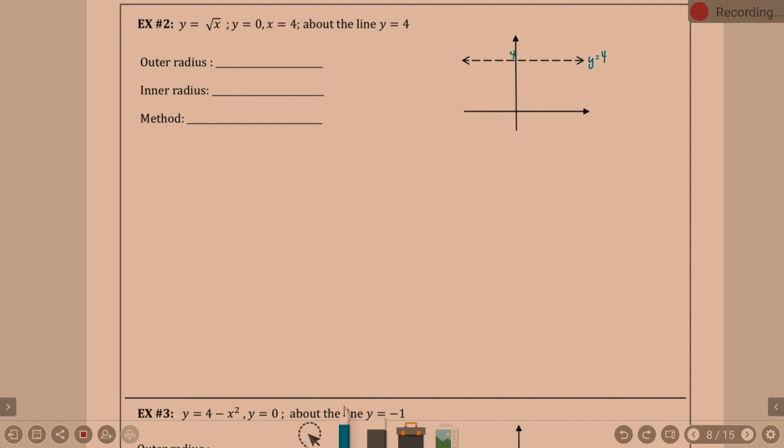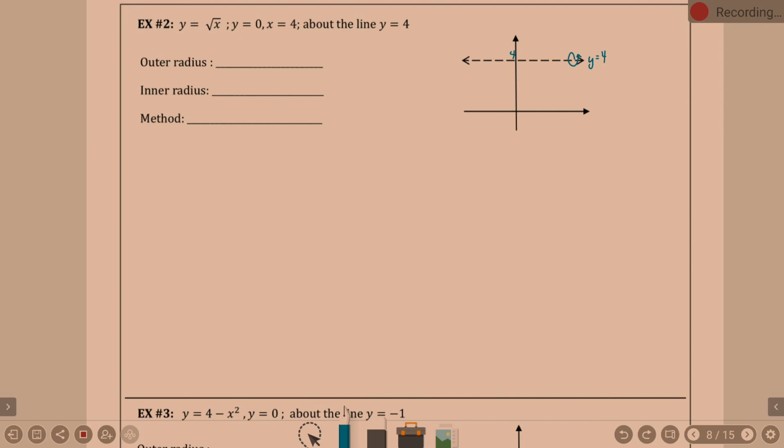Okay, so we're rotating about the line y equals 4. The graph is y equals square root of x. What's y equals square root of x? Okay, half a sideways parabola, yes? Now, is it going to cross through this line it's rotating about? No. No, because it wouldn't cross through until like 16, because at 16 it'd be 4.